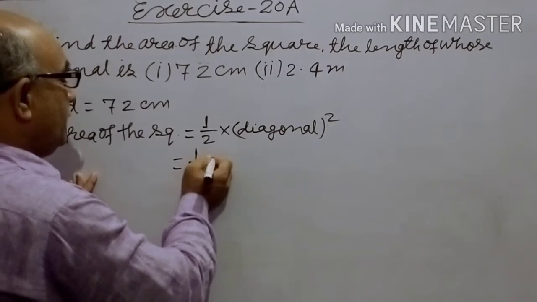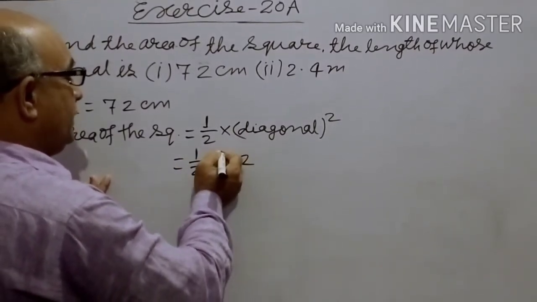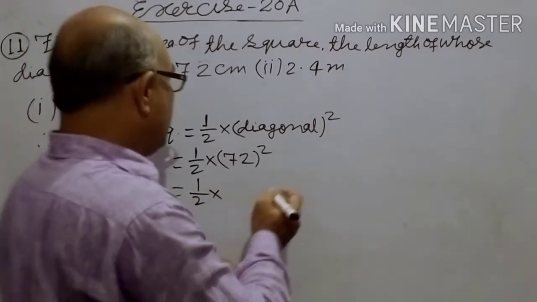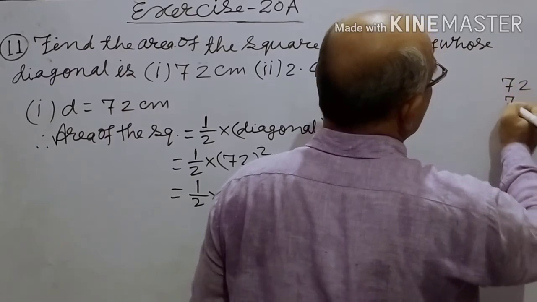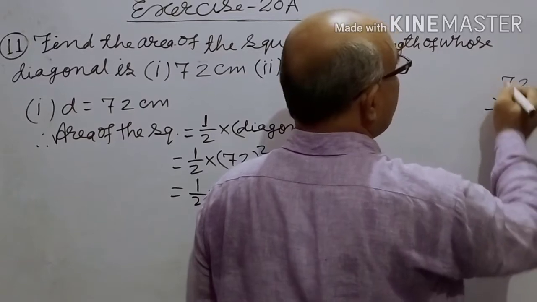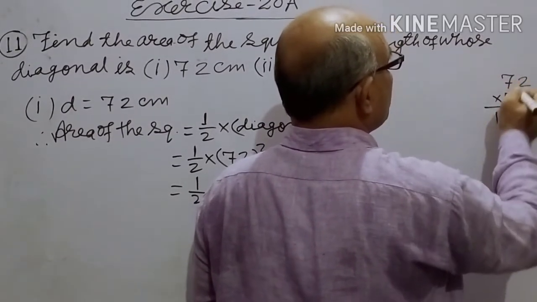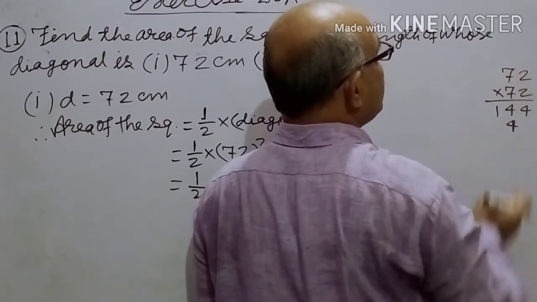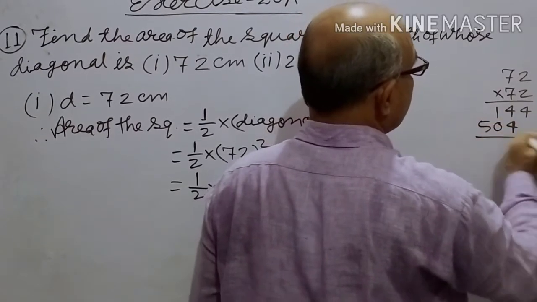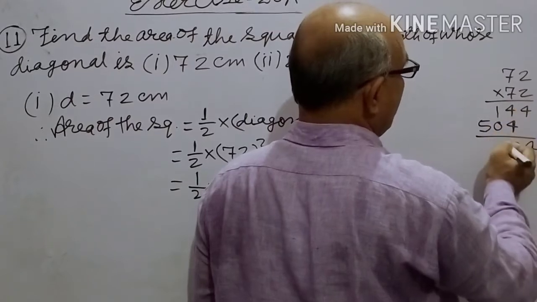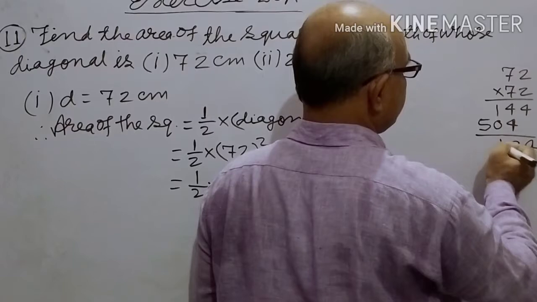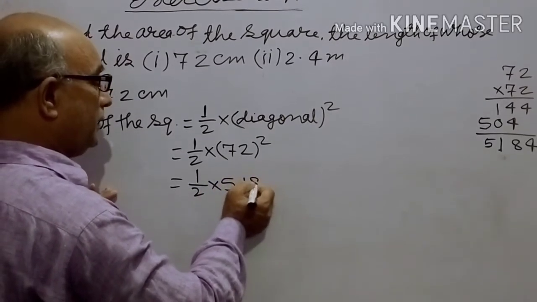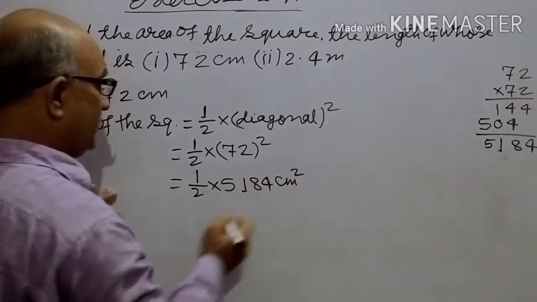So 1 by 2 into 72 square, equal to 1 by 2 into 72 multiplied by 72. 2 sevens are 14, write 4 and carry 1. 7 sevens are 49 plus 1 is 50. 4 plus 4 is 8, 1 plus 0 is 1, and 5. 5184 cm square. It is divided by 2.